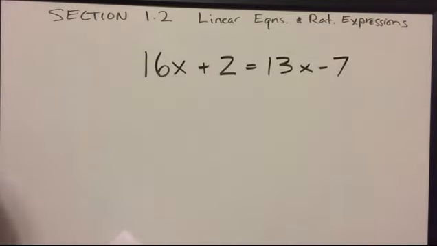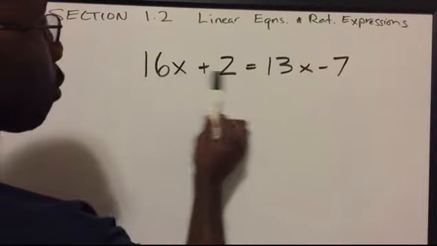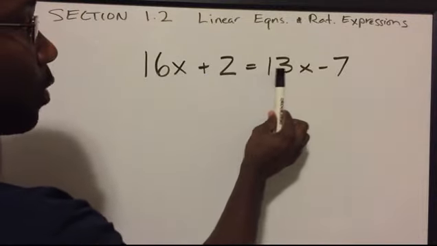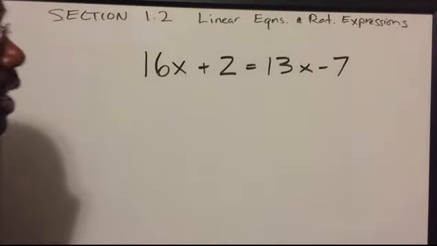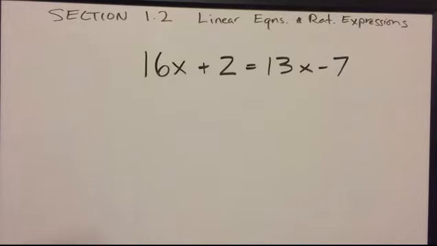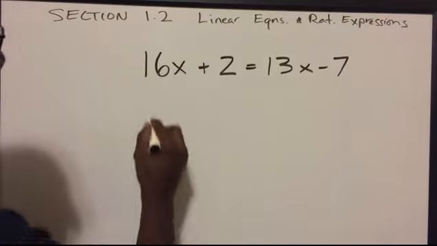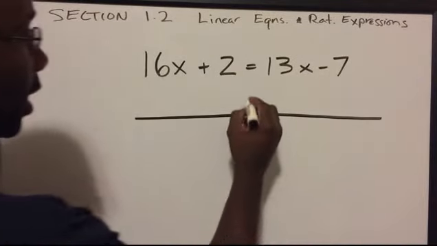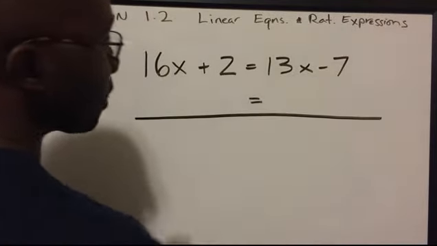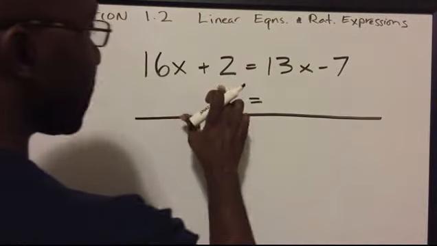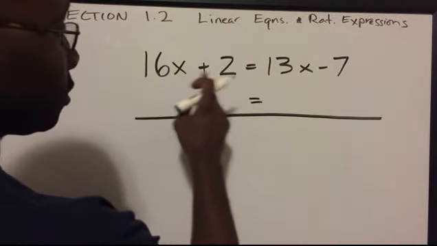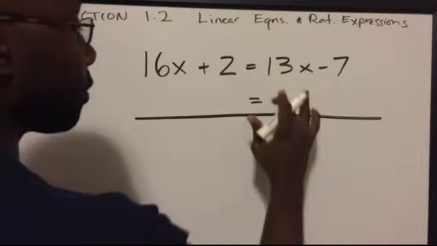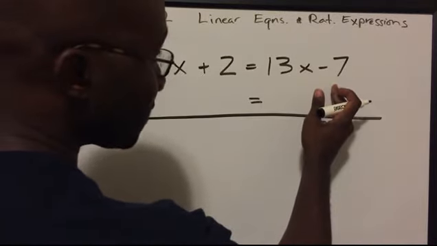So if you look at this linear equation here, you have 16x plus 2 on one side of the equal sign and 13x minus 7 on the other side of the equal sign. The way we would approach this is that first, let's go ahead and draw a line there and bring our equal sign down.